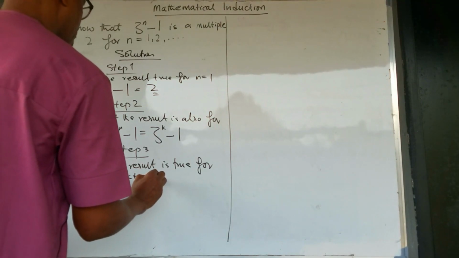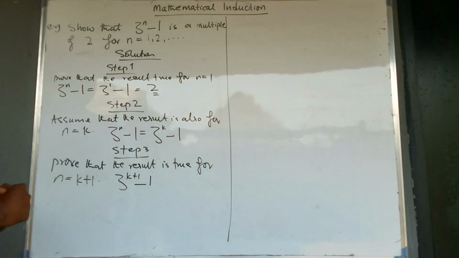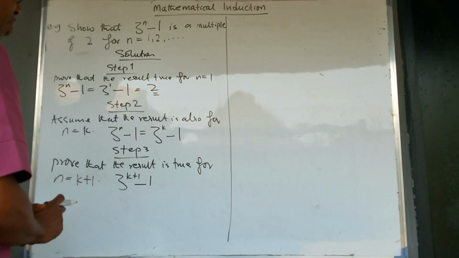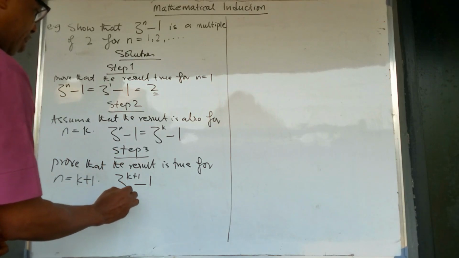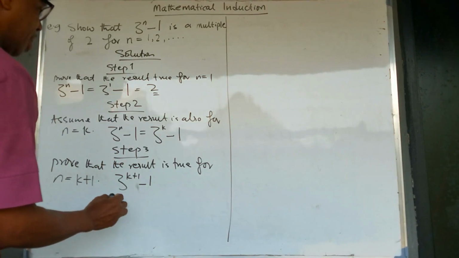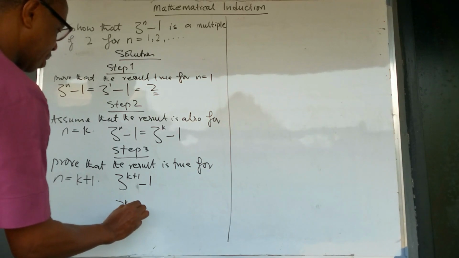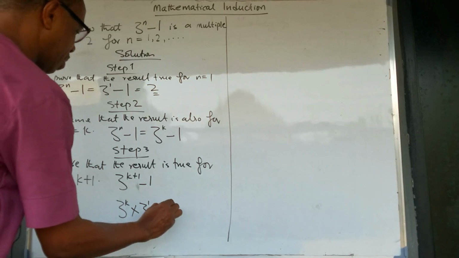minus 1. Now, if you look at this very carefully, you observe that 3 raised to the power k plus 1, using the simple knowledge you have in indices, means the same thing as saying 3 raised to the power k times 3 raised to the power 1, minus 1.